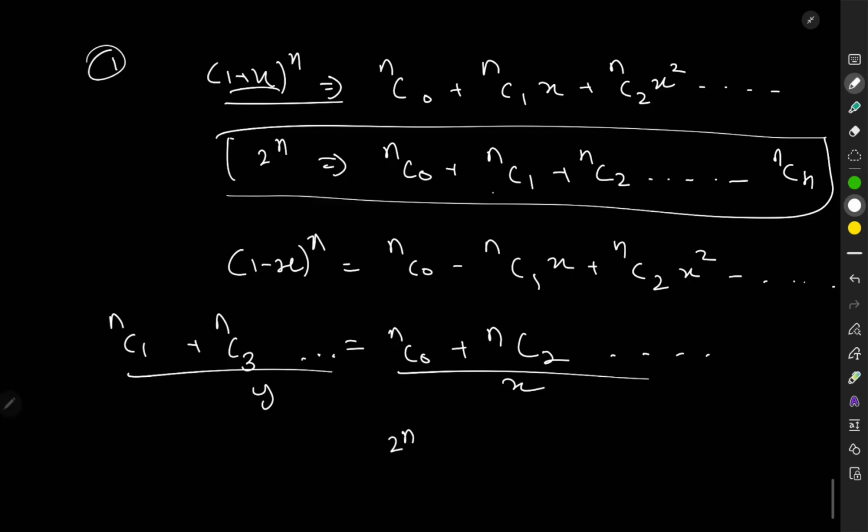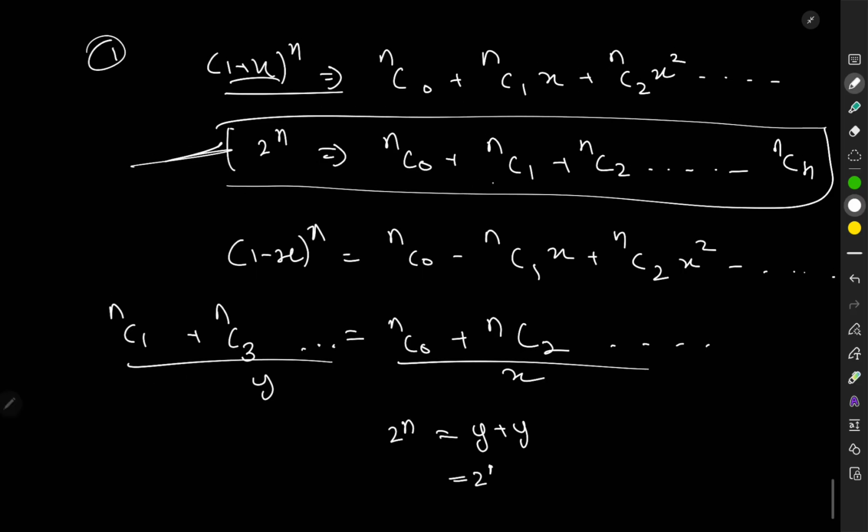Again, it is equal to y plus y, right? How many of you agree with this? So 2y is equal to 2 to the power n. Okay, if I take 2 on the other side, I'll get 2 to the power n by 2, which is equal to y, and I can write this as 2 to the power n minus 1. This is how you will be proving this equation. Fine.